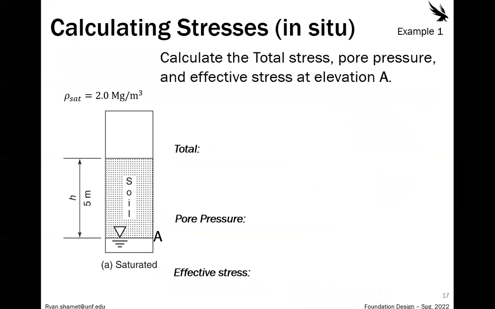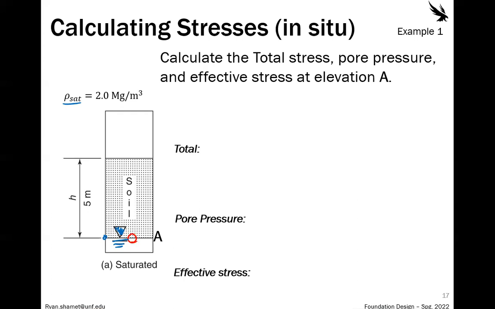Let's look at a few examples of how to calculate the total stress, pore water pressure, and effective stress at elevation A. That's this part right here. You need to keep an eye out for this little triangle with lines underneath it. This tells us where the groundwater table is. The groundwater table is right at point A, but we're told that the soil is still saturated.